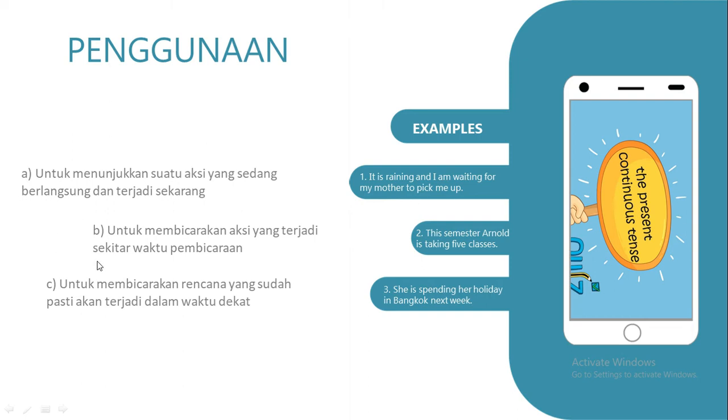And another use, you can say, is to express an action around the time of the conversation. We don't know the exact time, but it is around that time. For example, this semester Arnold is taking 5 classes.